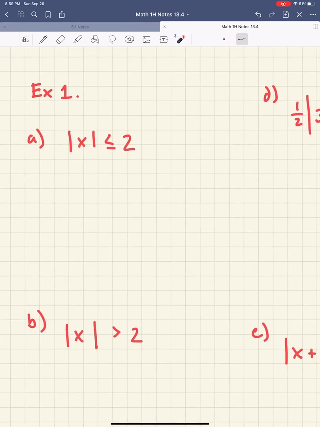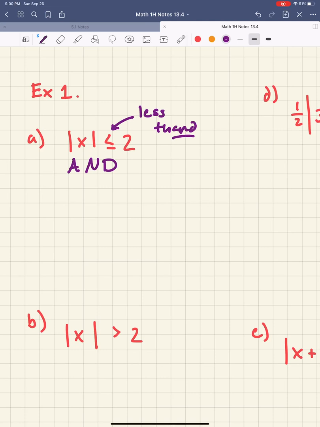So let's take a look here. The first one, if you look at step 1, says to isolate the absolute value. We don't have to do that here because there's nothing on the outside, right? It's just the absolute value of x. So step 2 is to identify what kind of a symbol we have. And in this case, we have a less than symbol. And if you remember from the steps, step 3a says if it's a less than or less than or equal to, this turns into an AND compound inequality.